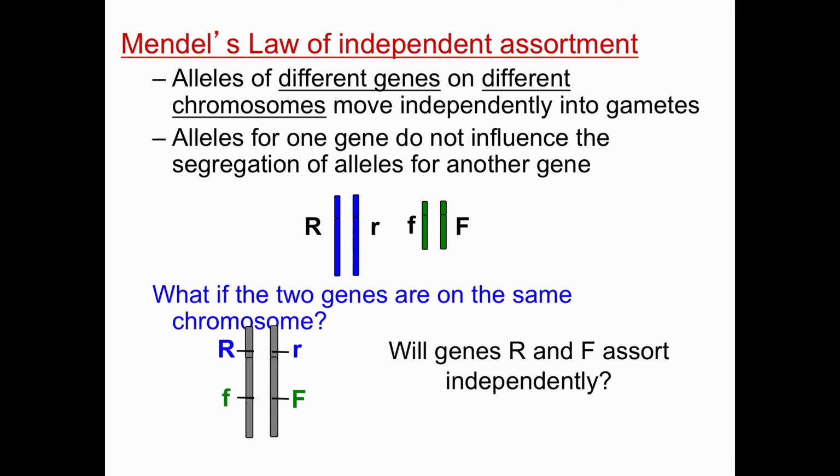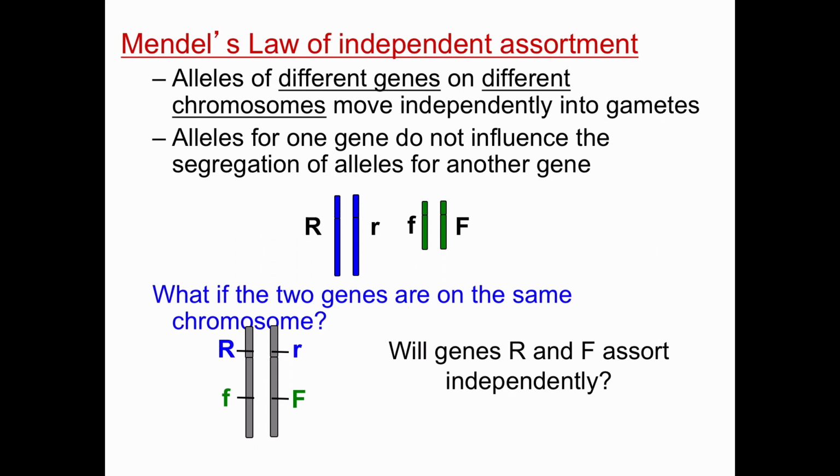All right, so the first law was segregation. This law is called Mendel's law of independent assortment. And it states essentially that when gametes form, the 2 copies of the alleles of any given gene segregate during meiosis independently of any 2 alleles for other genes.